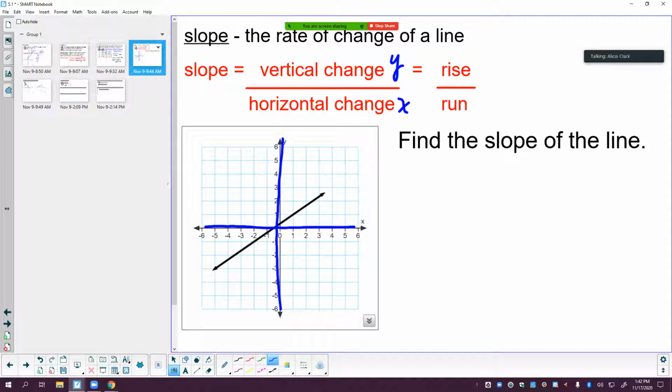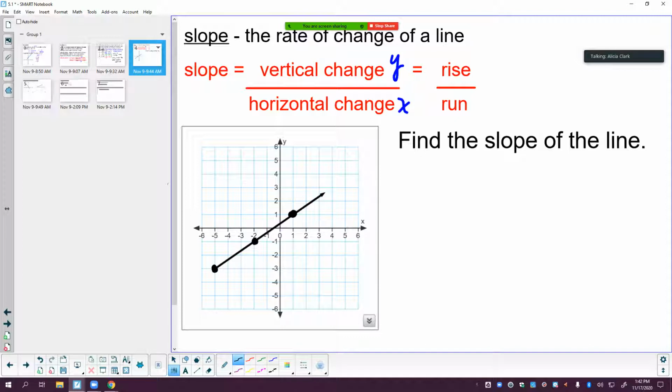We are going to find the slope of this line that they've given us here. For us to find the slope, we're going to find some points on our line. I'm going to say there is a point right here, there's a point right here, and there's actually one down here.